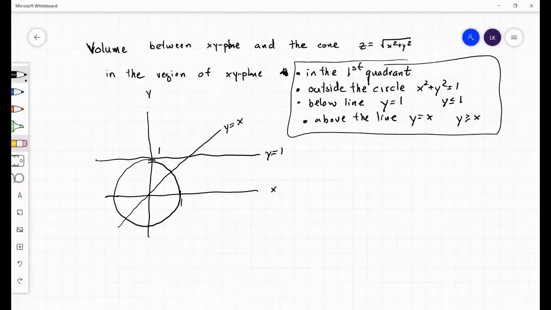Okay. So I'll give you some options. Region 1, region 2, region 3, region 4, region 5 and region 6. Which region are we talking about?